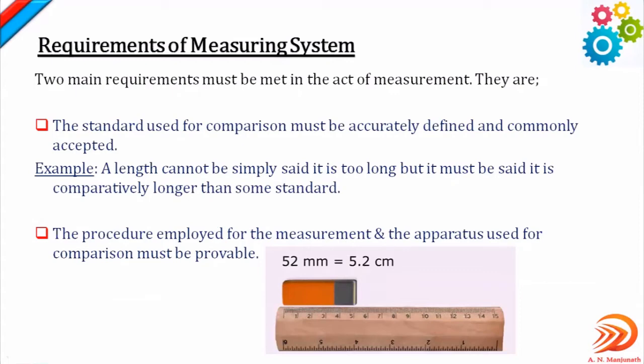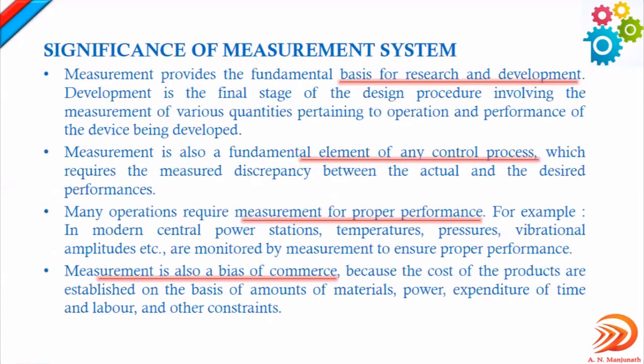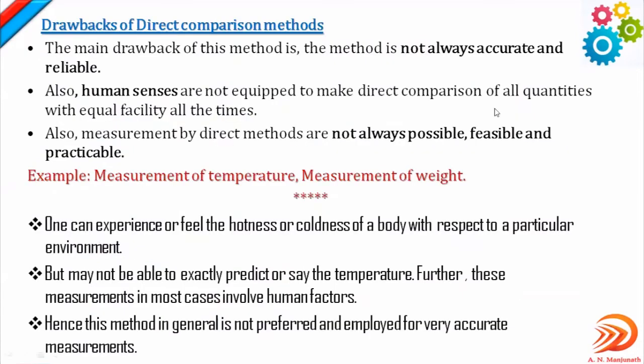The angle of view will vary. Not only that, the way in which the person holds the component with respect to the standard may vary a little each time. Because of some of these conditions, it is not always accurate and it is not reliable.